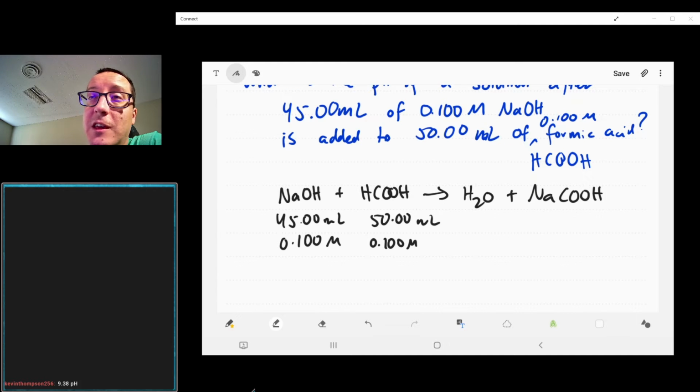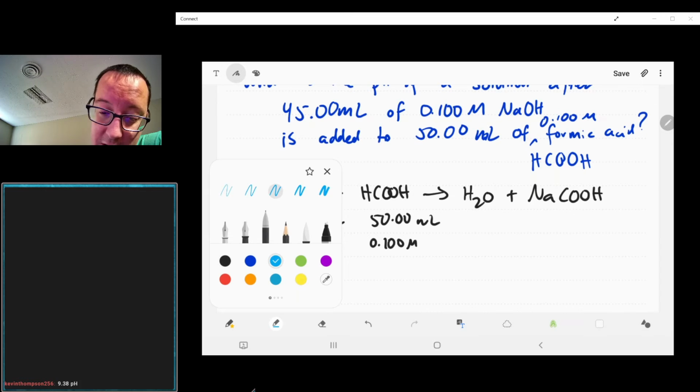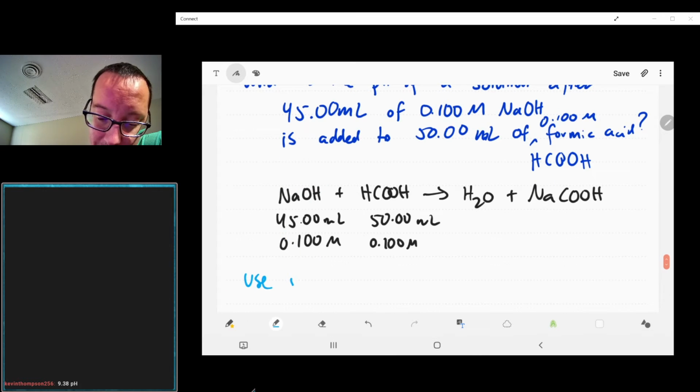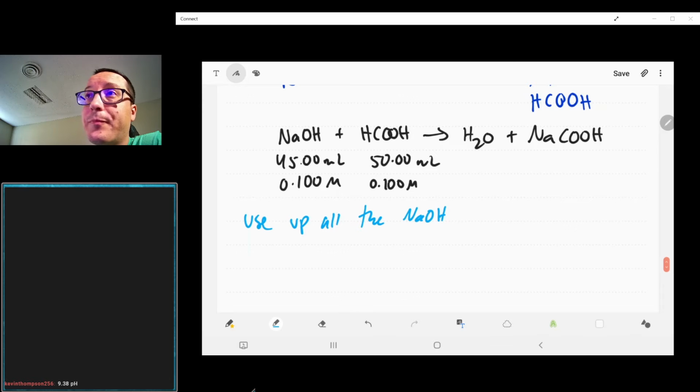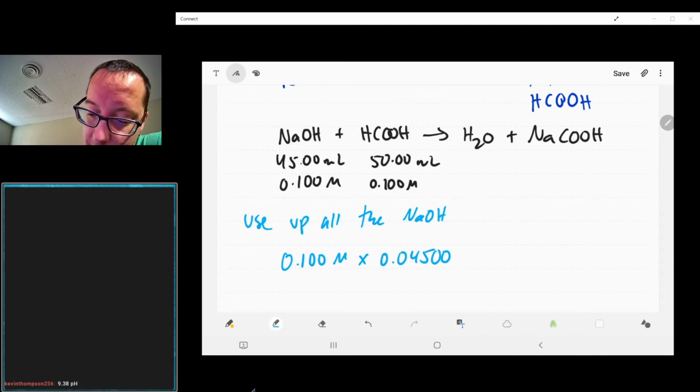And this is going to be a stoichiometric calculation. So we know we have to use up all the NaOH. So if we go ahead and see how many moles that's going to be, that's going to be 0.1 molar times 0.045 liters.